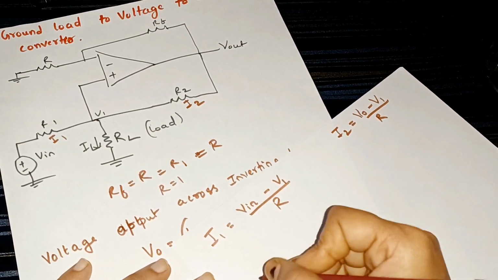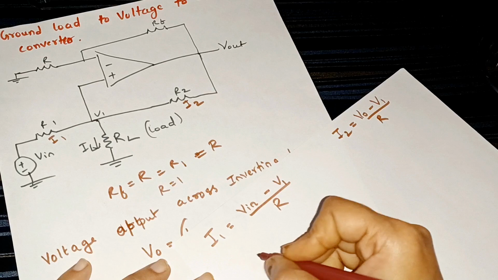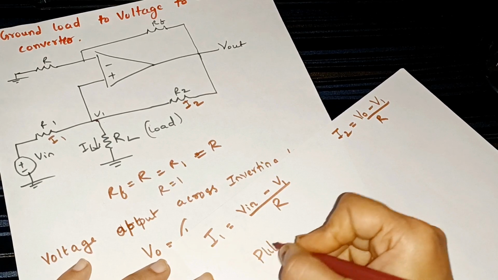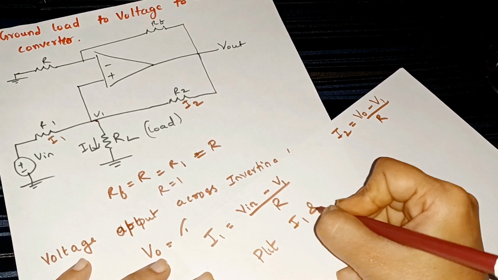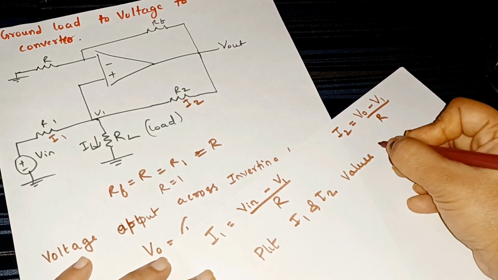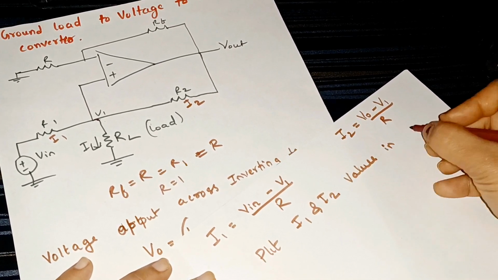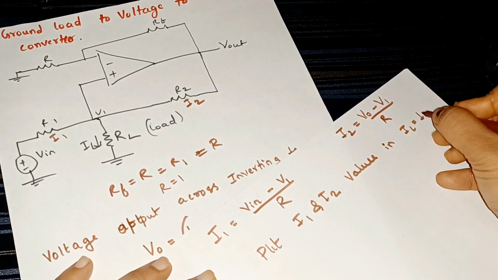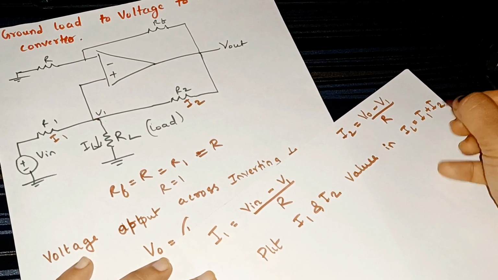Place these in the KCL equation: put the I1 and I2 values in IL equals I1 plus I2.